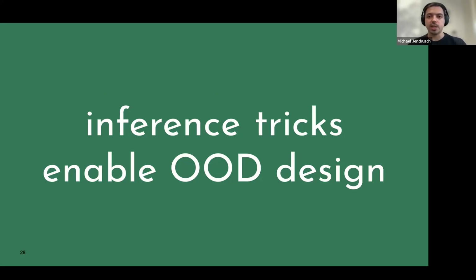So we wanted to see if we could use some tricks during inference, during sampling from the model, to allow Salad to design proteins that are out of distribution relative to its training data set and use that to solve some more interesting problems in protein structure generation.